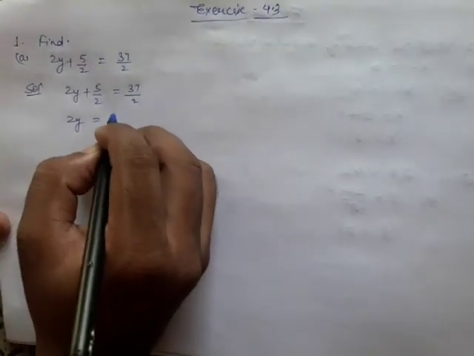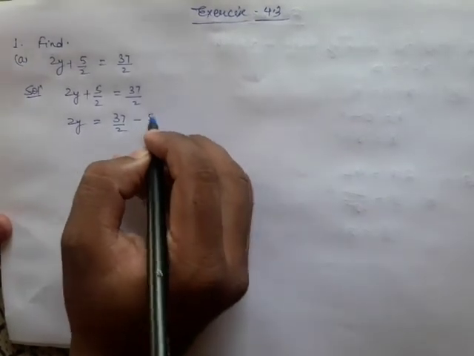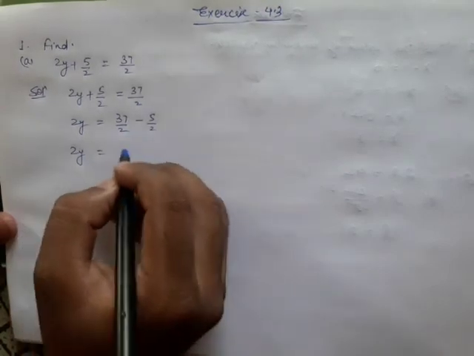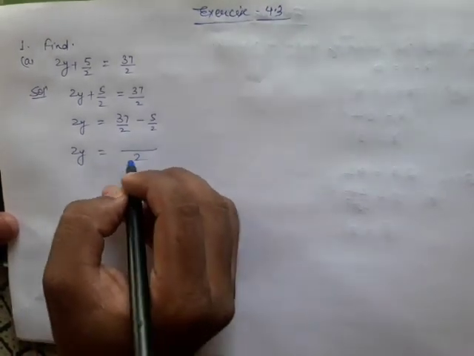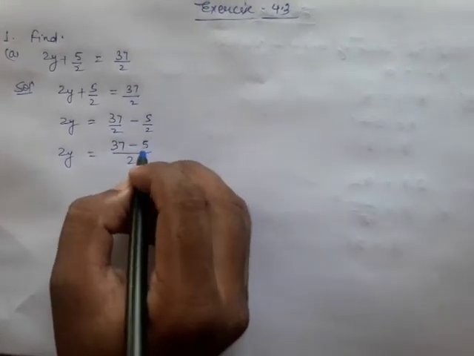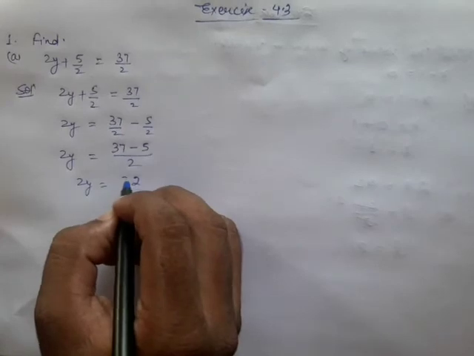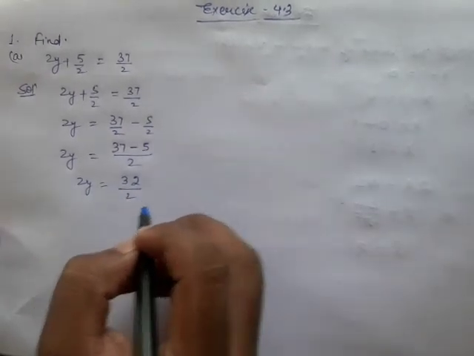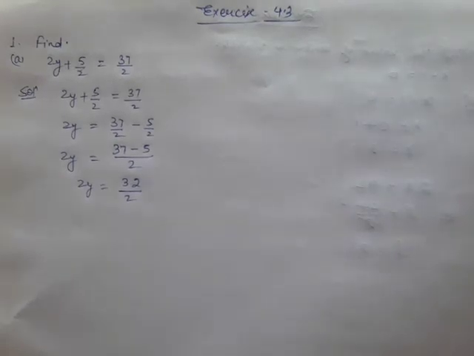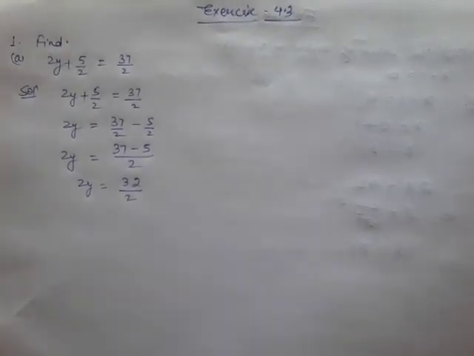So 2y equal to 37 by 2 minus 5 by 2, because plus 5 by 2 changes to minus 5 by 2. LCM of 2 and 2 is 2. 37 minus 5, over 2.